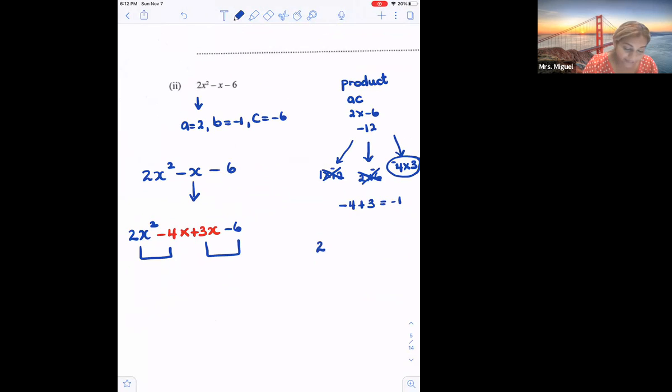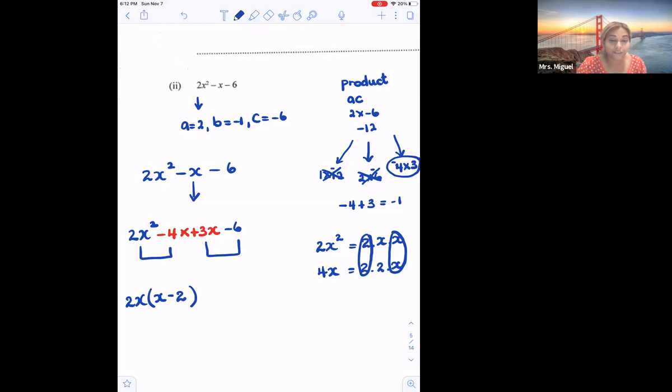So the first thing I do, the 2x squared is simply 2 by x by x. 4x is 2 by 2 by x. Here 2 is common and x is common. So that goes outside of my bracket. X wasn't circled, I keep in my negative sign, and 2 wasn't circled.